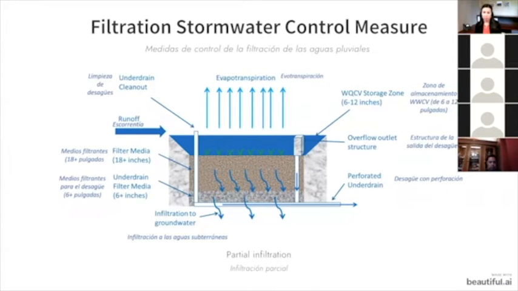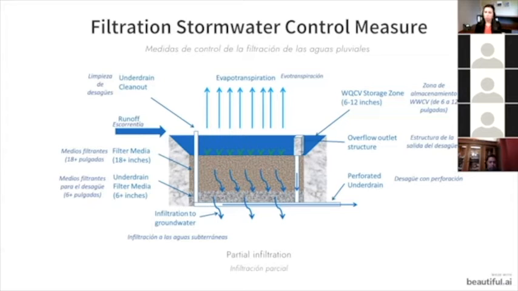The next type of stormwater filtration is partial infiltration. So I know these look very similar, but this one has infiltration and an under drain, but no liner, so that water can go through, but just in case the water is not moving through that filter material fast enough to drain, these typically drain in about 12 hours, then you have that under drain to move water more quickly into your storm drain.